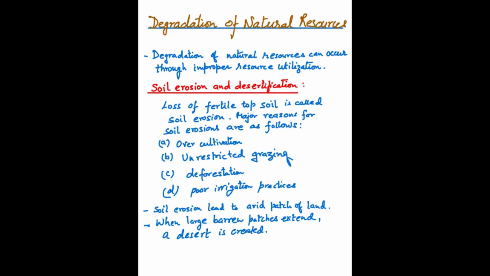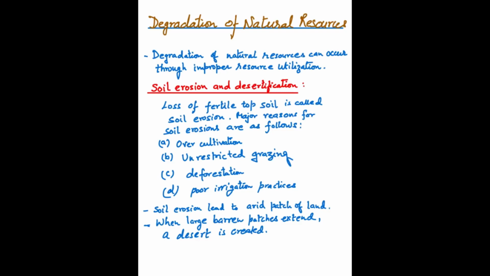Loss of fertile topsoil is called soil erosion. What is the major reason? Overcultivation, unrestricted grazing, deforestation, and poor irrigation practices. All of them just remove the top layer of the soil, which, as already said, is the most fertile one.